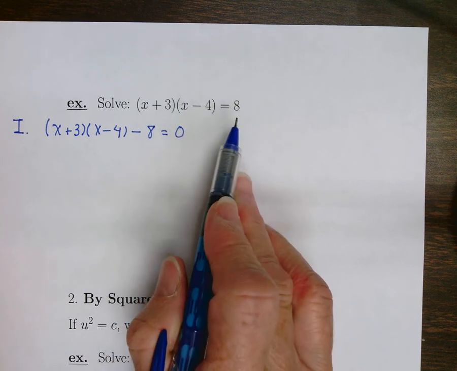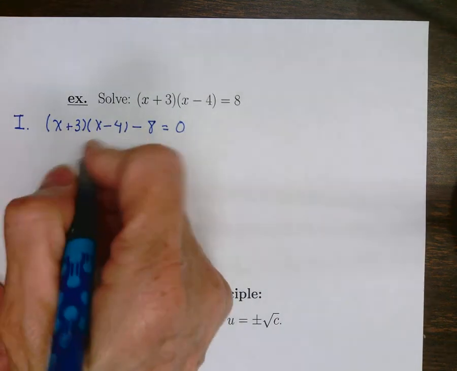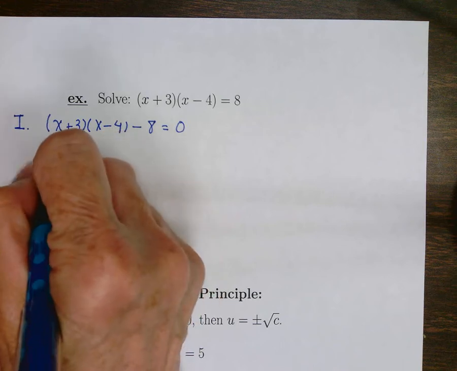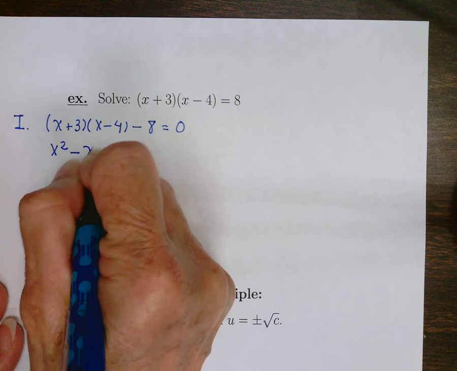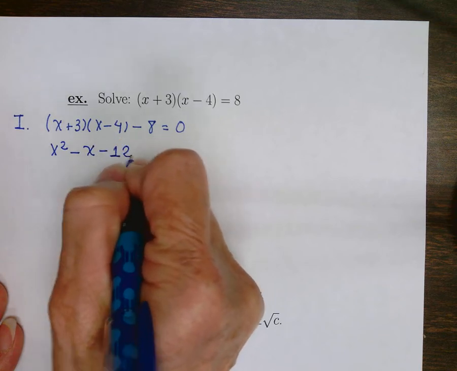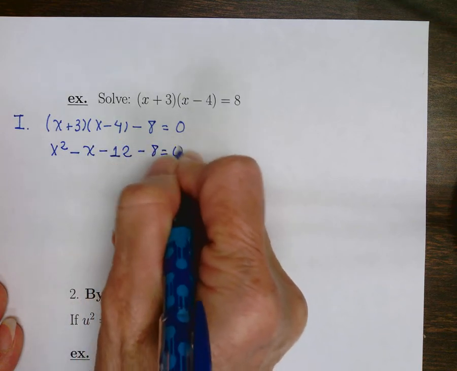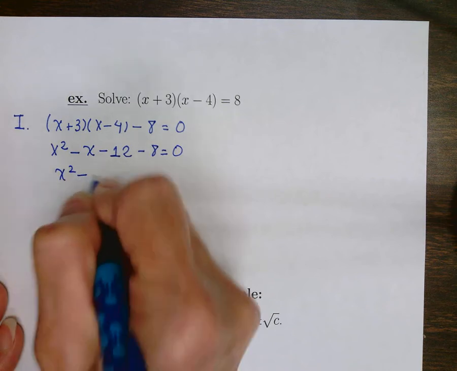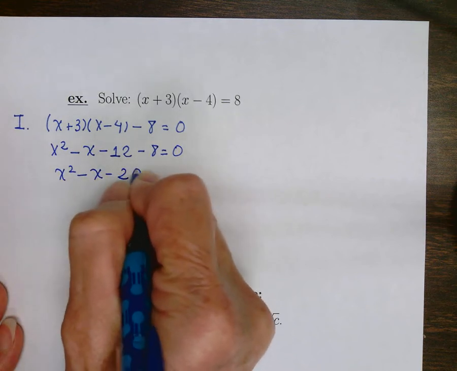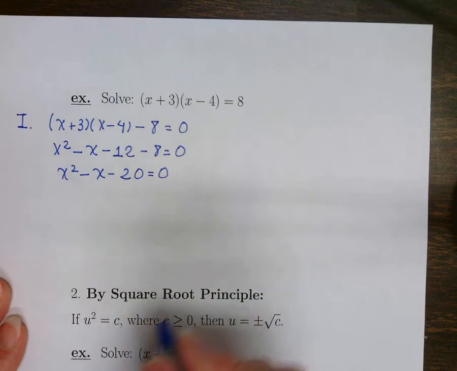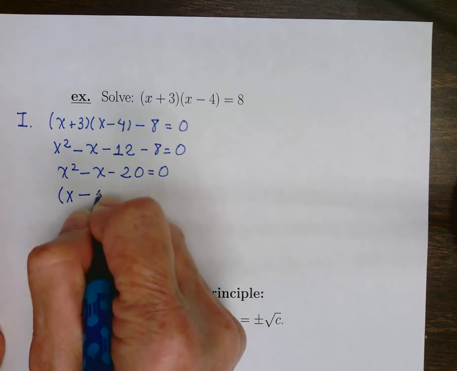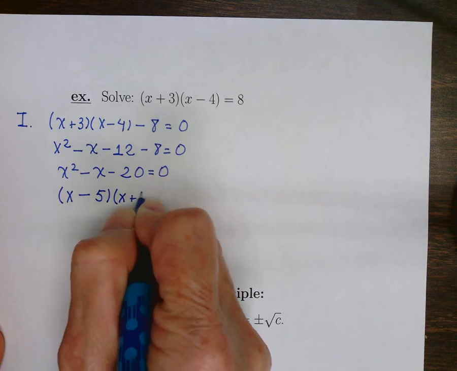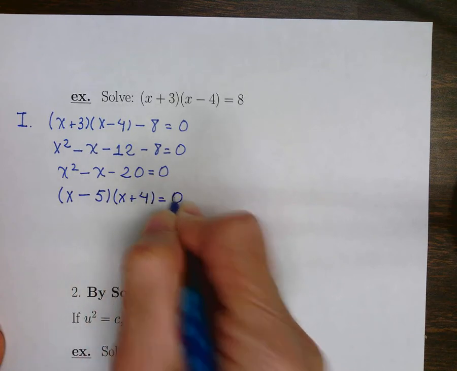It doesn't work. Okay? So we have to do what? We multiply that out. x squared plus 3x minus 4x is minus x, minus 12 minus 8 equals 0. And I look at that and say, oh, okay, I can factor that. x minus 5, x plus 4 is equal to 0.